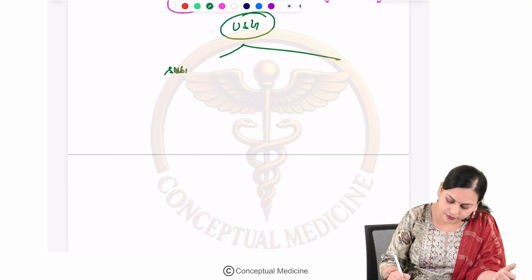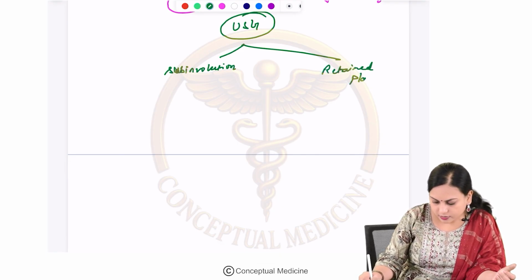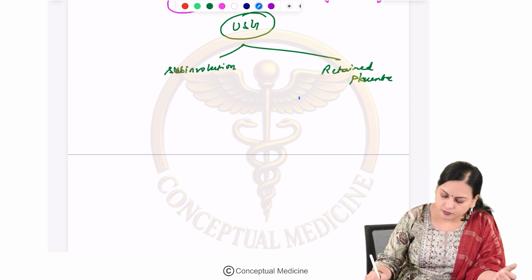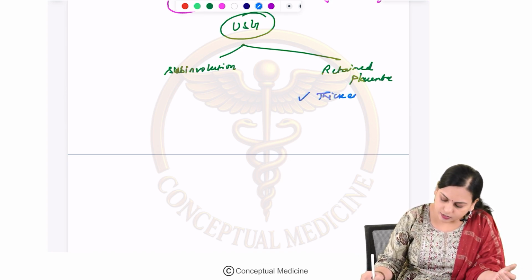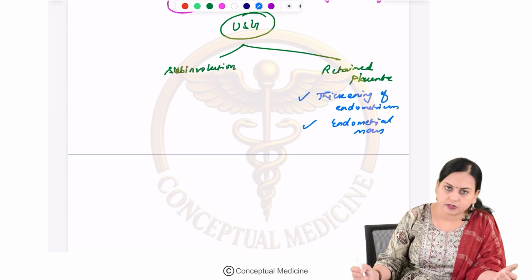In retained placenta there is going to be thickening of the endometrium, and you may be able to see an endometrial mass as well.